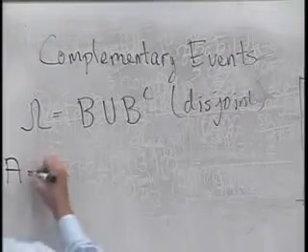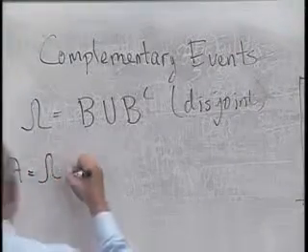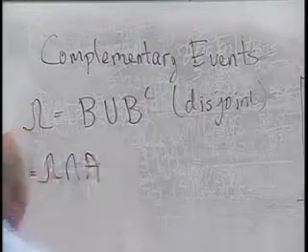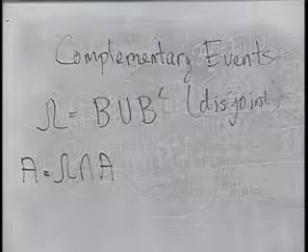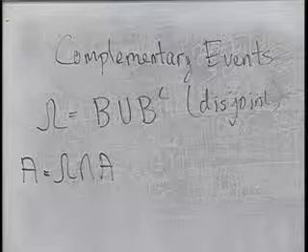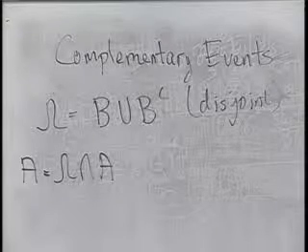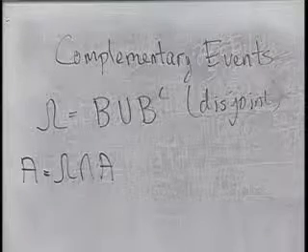A, I can write as the intersection of the universal set with A, because intersecting with the universal set, the event that always happens, does nothing to any event.